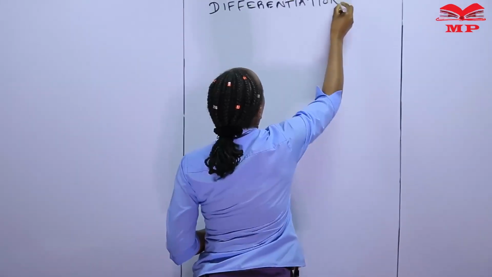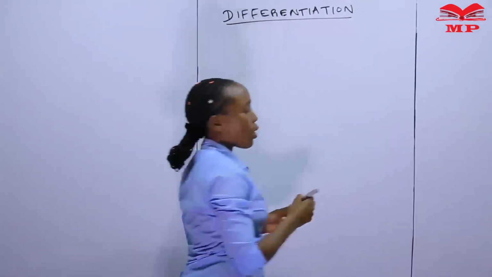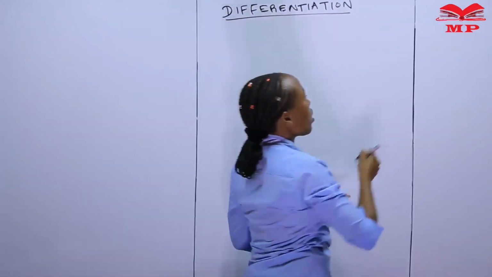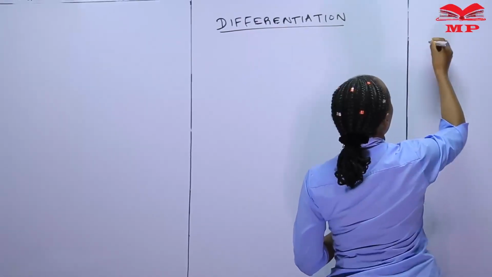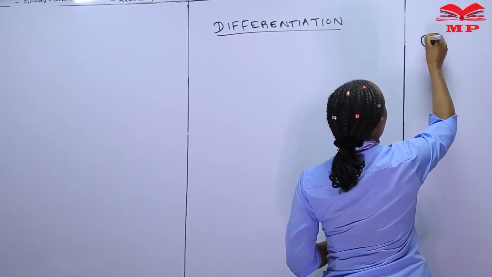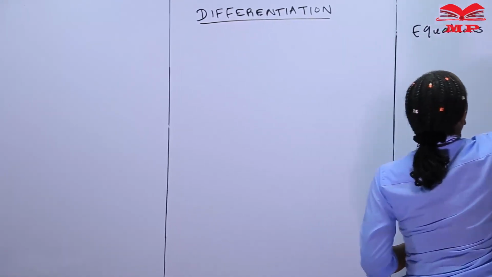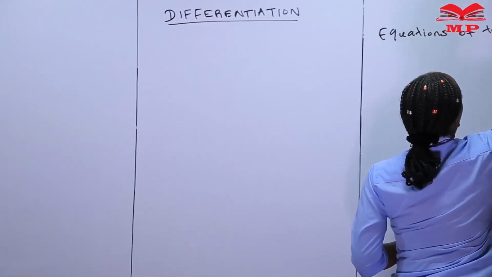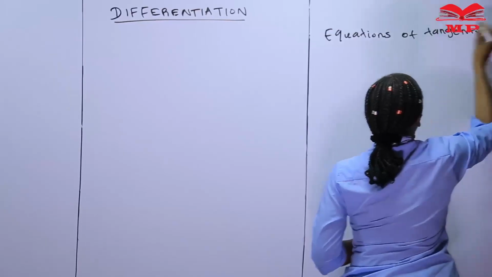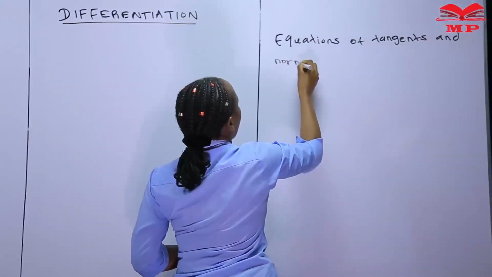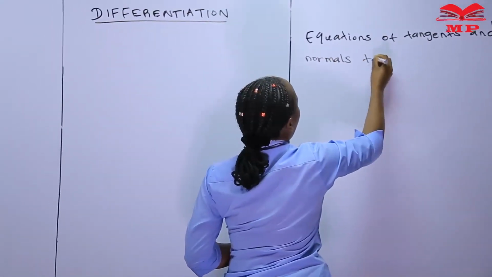Differentiation. That's our topic. I'd like you to remember the following, when we were looking at the equations of tangents and normals to a curve.